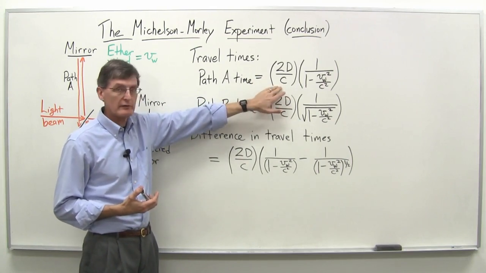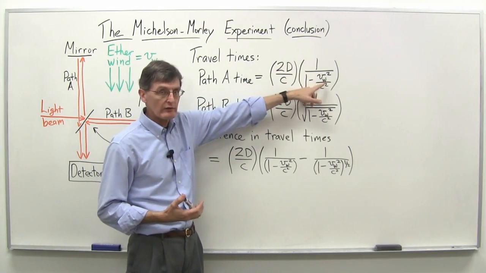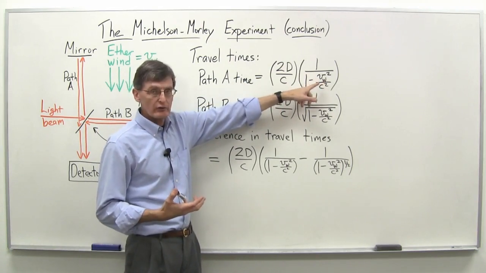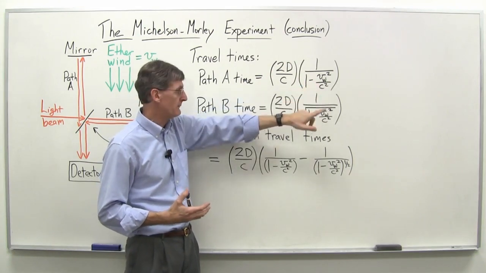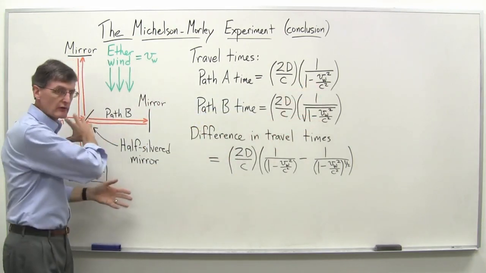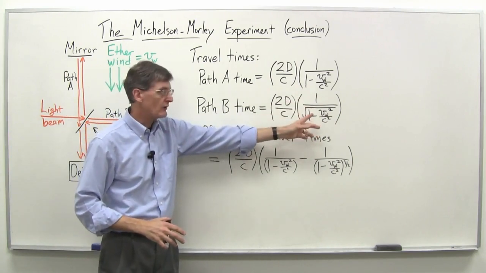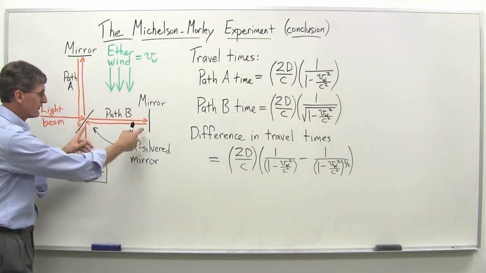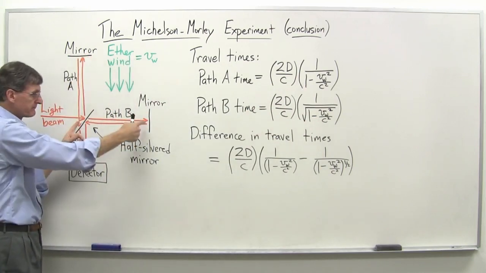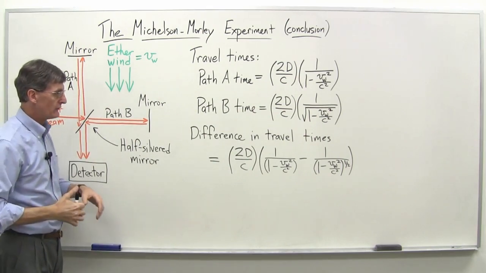So we have 2d over c, the speed of light, times 1 over 1 minus vw squared, the velocity of the ether wind, and we'll figure out what that might be in a second, divided by c squared again. And then the path B time, the crosswind time, is 2d over c times 1 over the square root of 1 minus vw squared over c squared, where d here is the distance from the half-silvered mirror to that mirror, and that one as well.